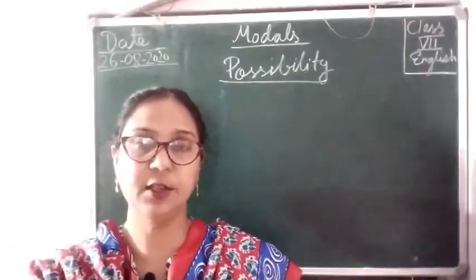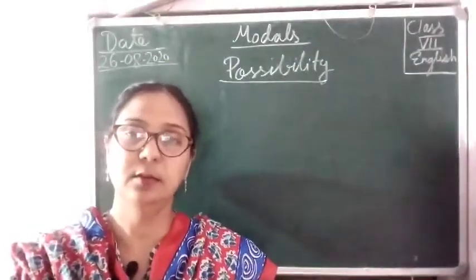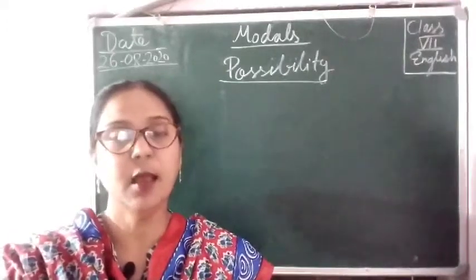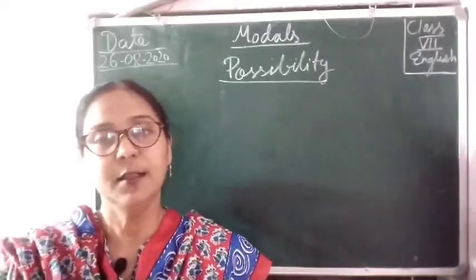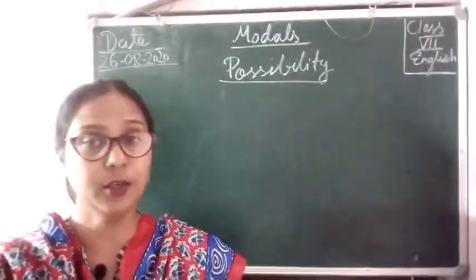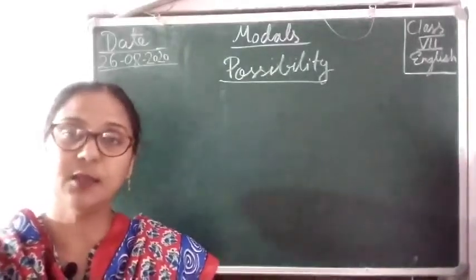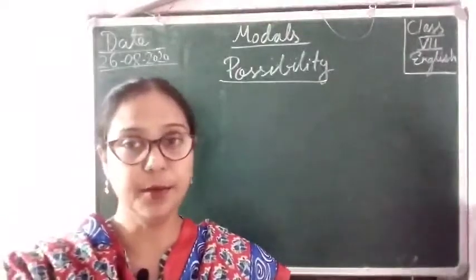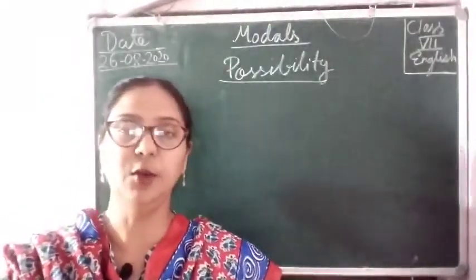Obligation, advice and suggestion are expressed by should, must and ought to. And next, permission: can, could and may. These are the modals from which we can show or ask permission, as we discussed in our earlier video.